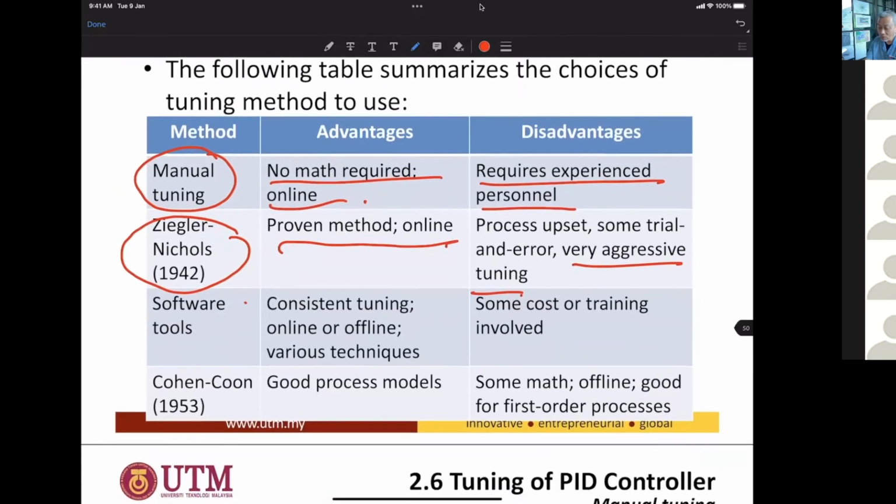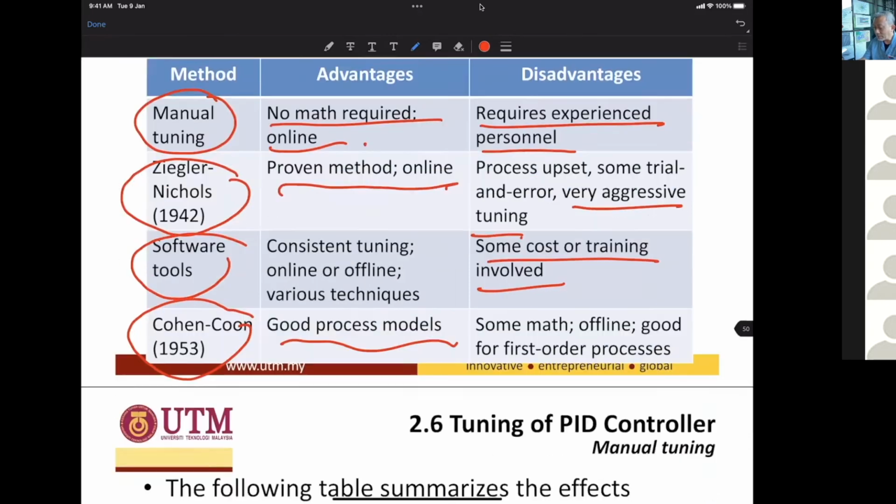Or you can use software tools. Consistent tuning can be online and offline, but it costs you money, the cost of the software and the training involved. Or the Cohen-Coon method, which is only suitable for process control and first order systems.